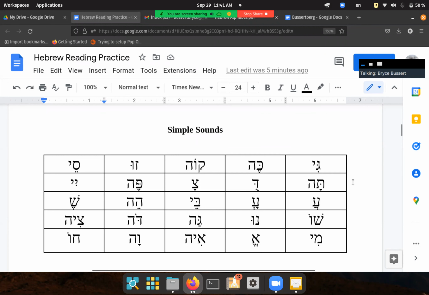All right, second row, ta, do, sa, pe, yi, ah. Okay, this is a composite shva. This is patah and shva. It's just ah, followed by oh.